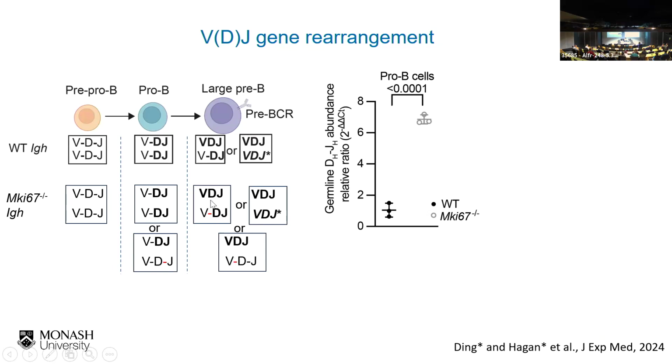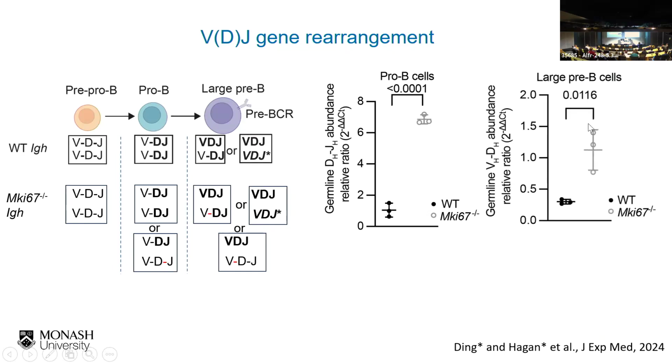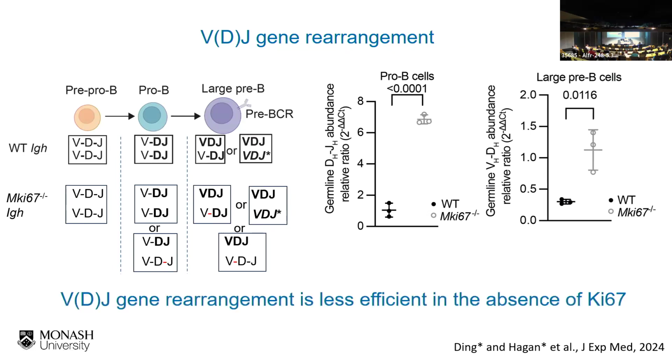If the V to D rearrangement is really affected, then they will have a higher germline sequence as well. So we looked at the large pre-B cells and we saw exactly that: the Ki67 deficient cells still have a higher level of V to D germline sequence, which means that the recombination is less efficient in those Ki67 deficient cells.